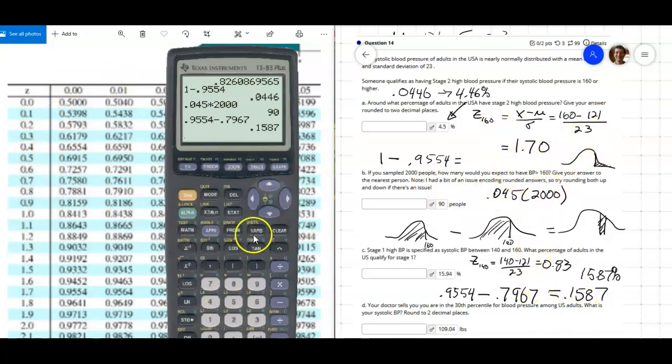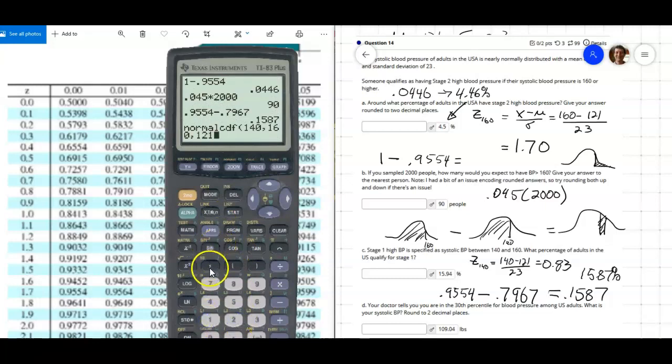If we were to use a calculator with the normal CDF, we can tell it that we want the area under the curve between 140 and 160, where the mean is 121 and the standard deviation is 23, and it'll compute the area exactly.